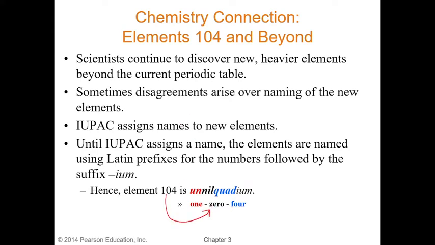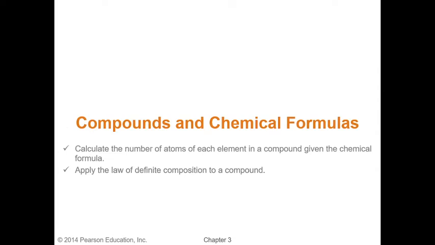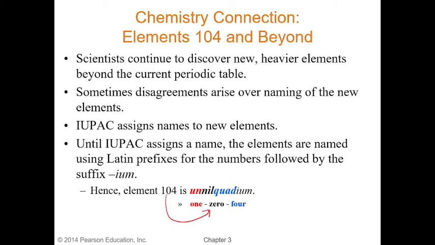Okay? So, ganyan po ang pagpapangalan ng temporarily sa ating mga elements. Hanggat wala pang pangalan yung element, ganyan po siya papangalanan. Okay? So, that is how you will name your elements.